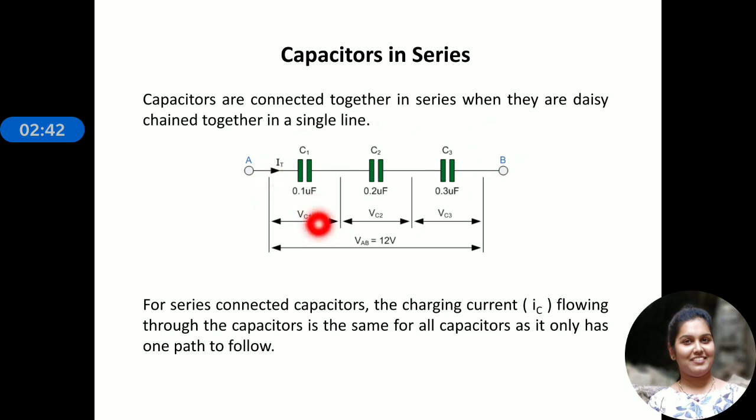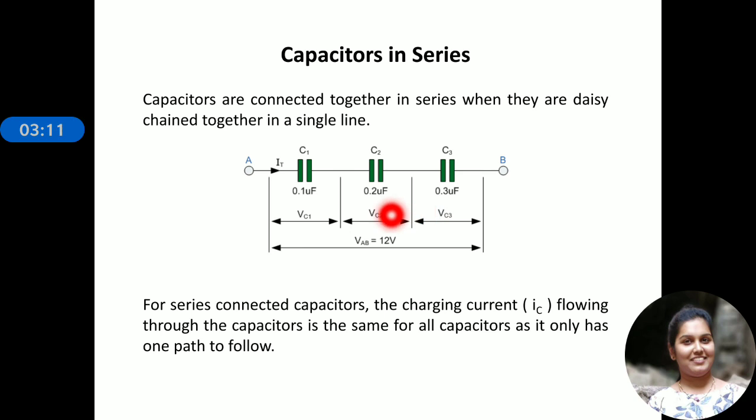In a series connection we can connect n number of components in the same fashion. Here I have taken three capacitors. All three capacitors may have the same value or different values. As an example, I have taken three capacitors with values 0.1 microfarads, 0.2 microfarads and 0.3 microfarads.